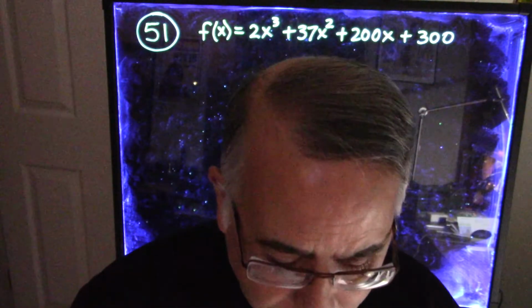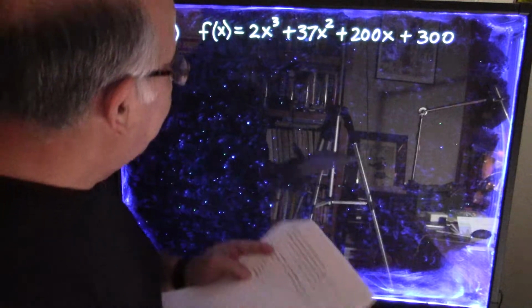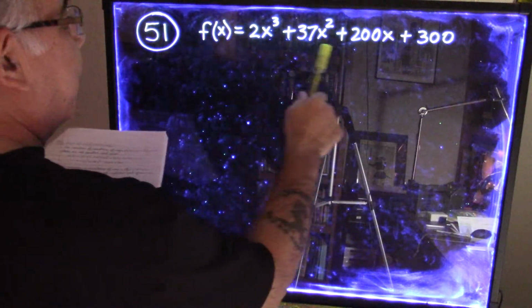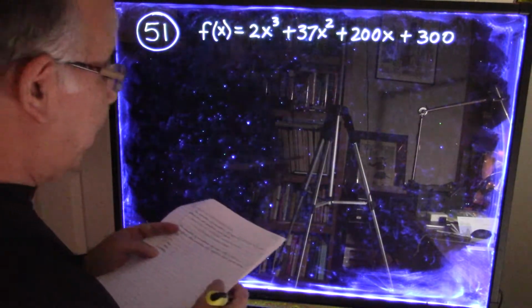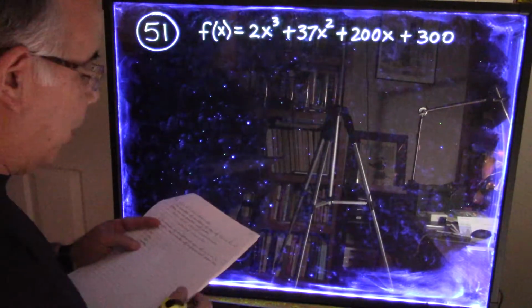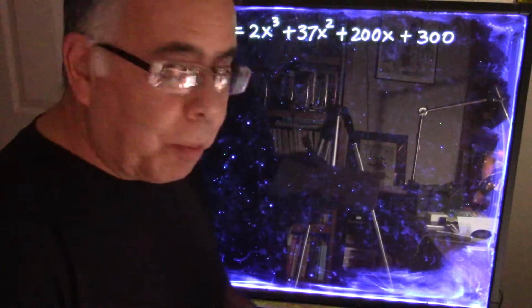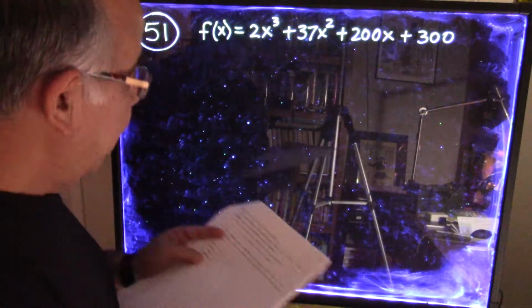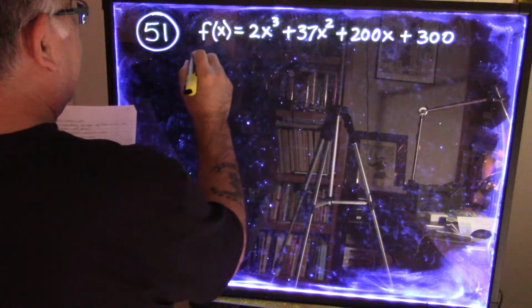Number 51. So if you look at the polynomial, there are no variations of sign for f of x, so there are no positive real zeros. What about f of negative x?